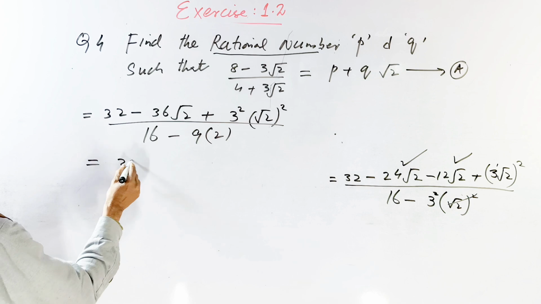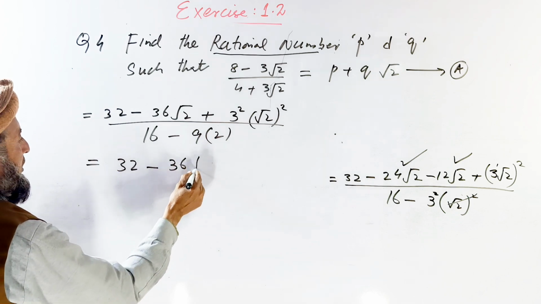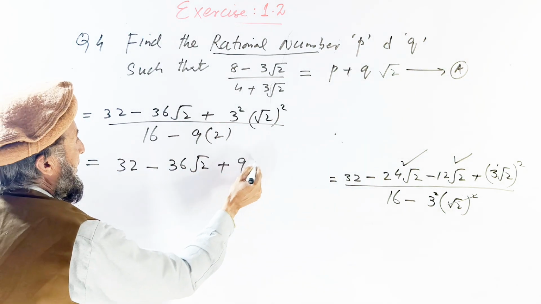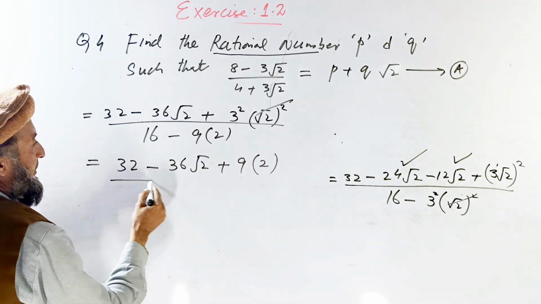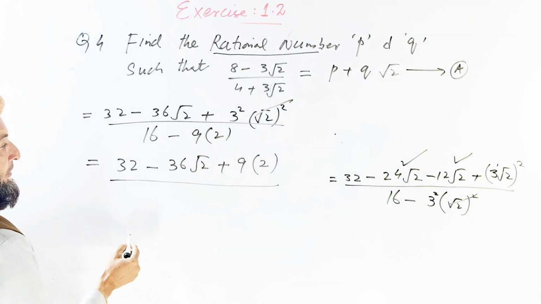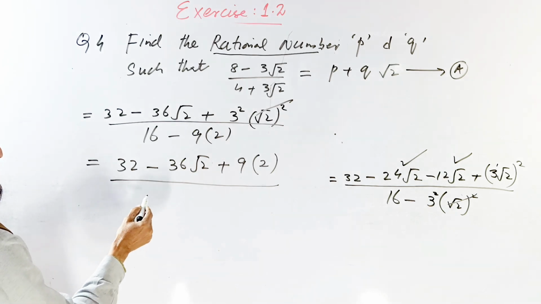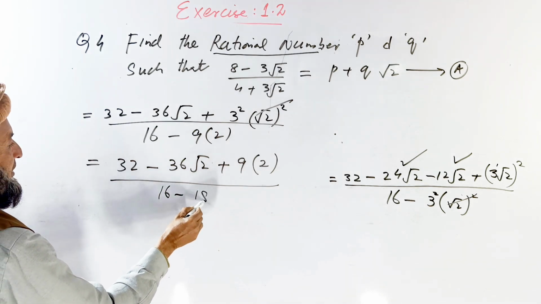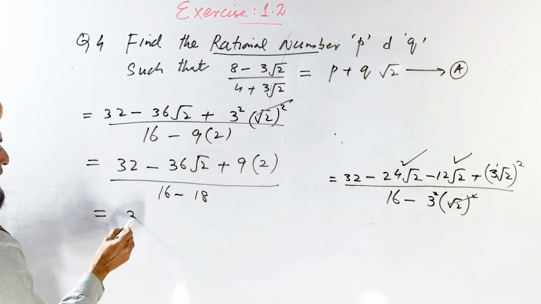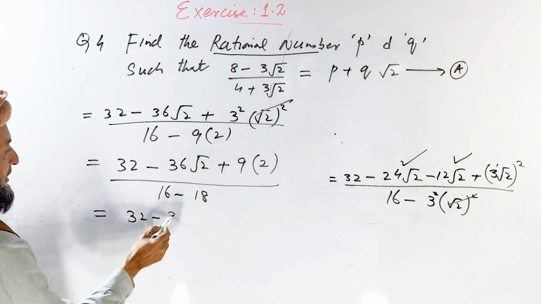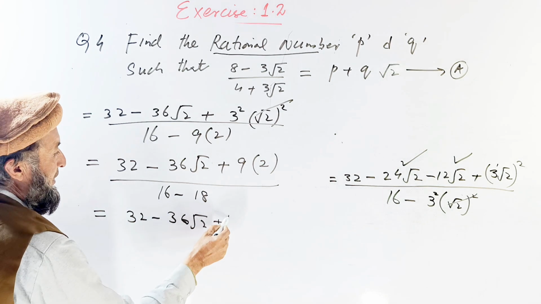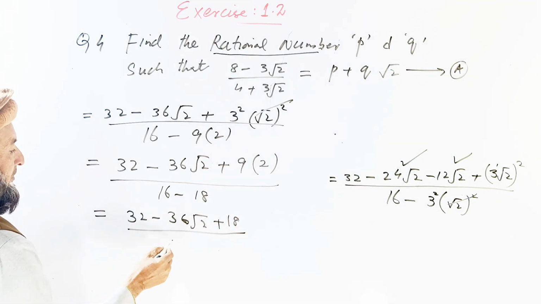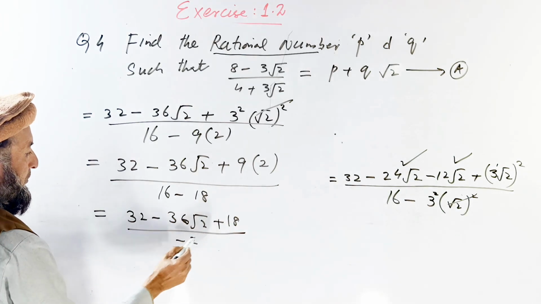Now 32 minus 36 under the root 2 plus 9 into 2, which gives 18, divided by 16 minus 18. Next step, 32 minus 36 under the root 2 plus 18 divided by minus 2.